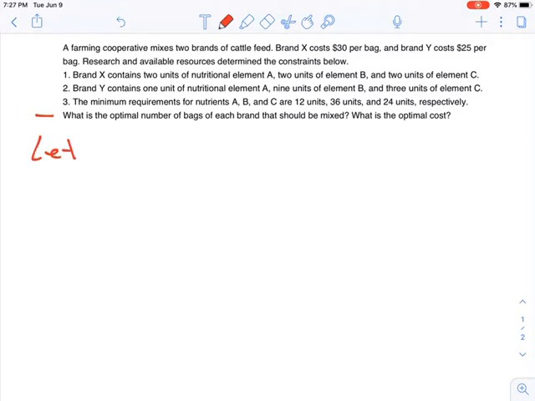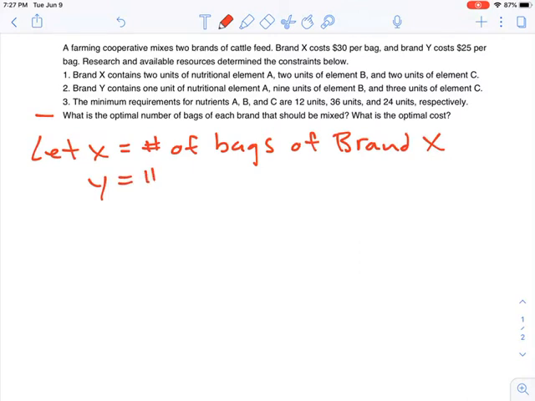I'm going to let X be equal to the number of bags of brand X. And I am going to let Y be equal to the number of bags of brand Y.